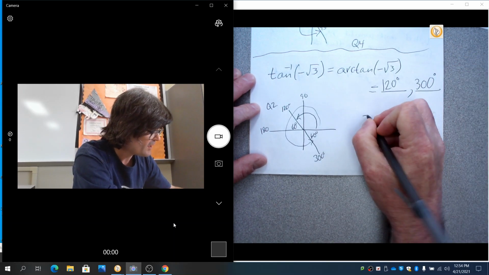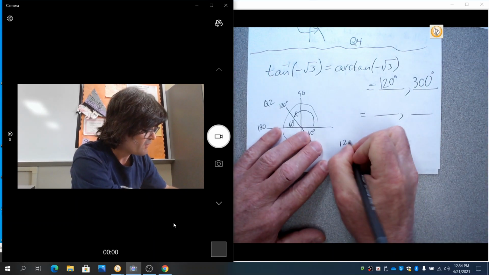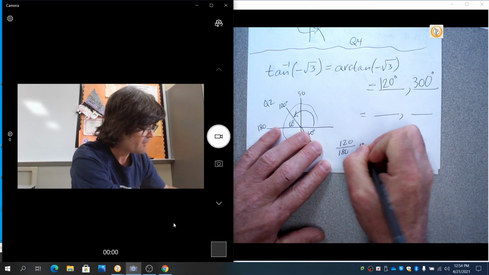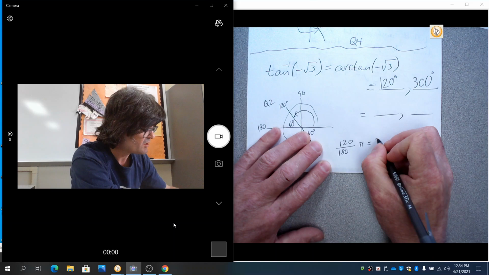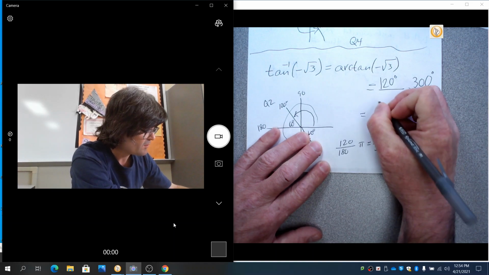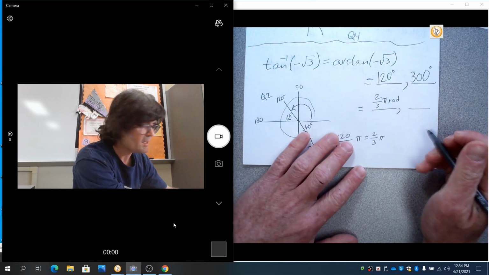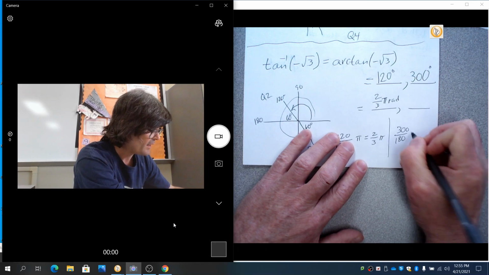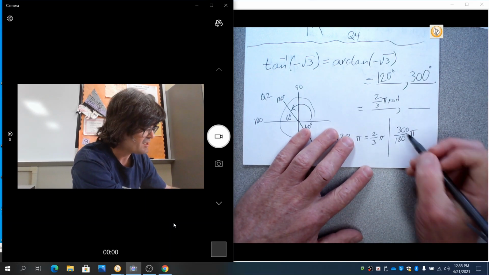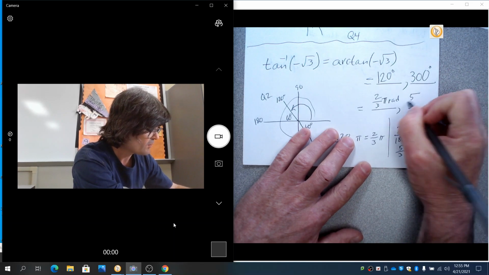If you wanted this in radians, we could easily convert by just doing my trick: divide by 180, slap a pi on there. So 120 over 180 reduces by 60s to 2/3 pi. So this is 2/3 pi radians. And then the 300, again, divide by 180, slap a pi on there, reduce by 60, so that's going to be 5 over 3 pi radians.